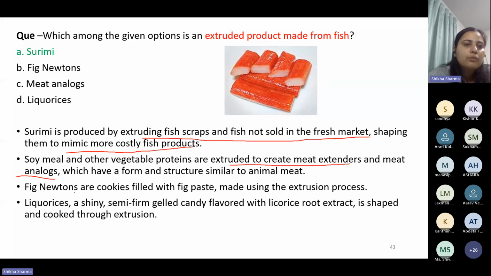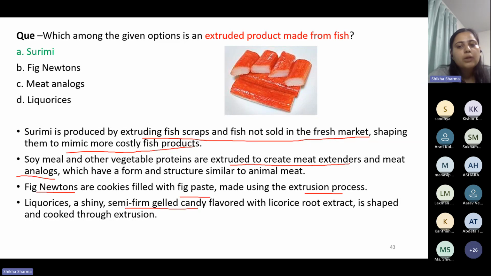And then we have the fig newtons, which are basically the cookies which have the fig paste. They are usually made from the extrusion process. And another is liquorice. They are basically shiny semi-firm gelled candies.